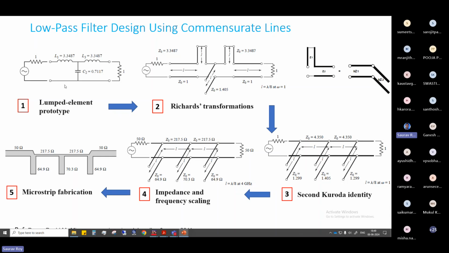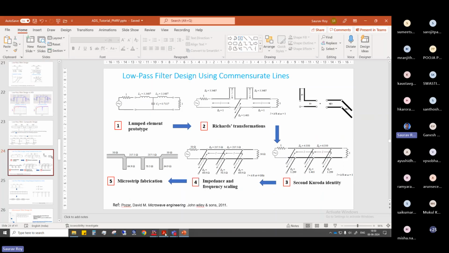Now our task is how to replace these inductors and capacitor with microstrip line sections. First, we use Richards transformation. From there the length of the line is easily known, that is lambda by 8. Now the impedance of the line you can calculate using Richards transformation for the shunt. I will show you the theory again so that you remember.